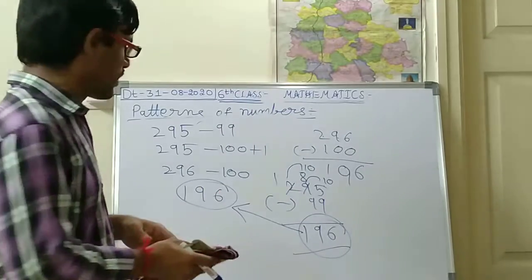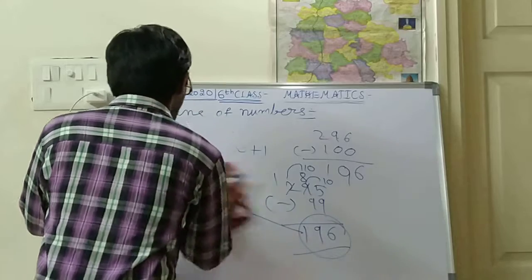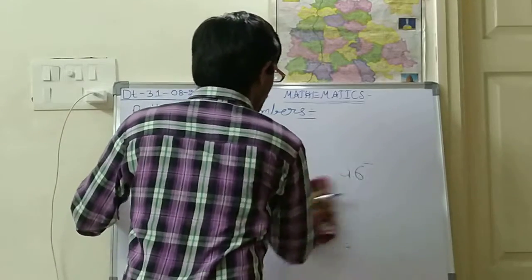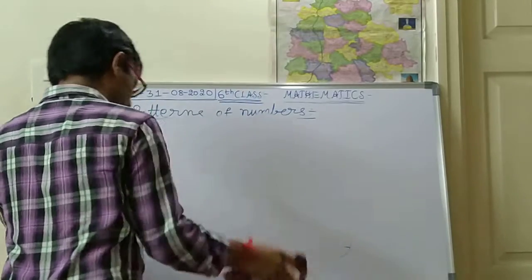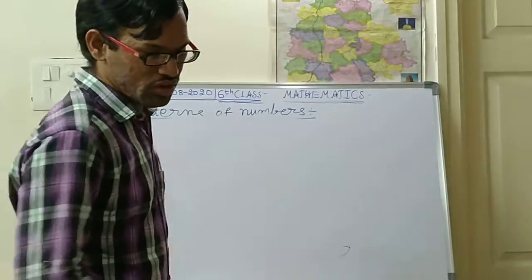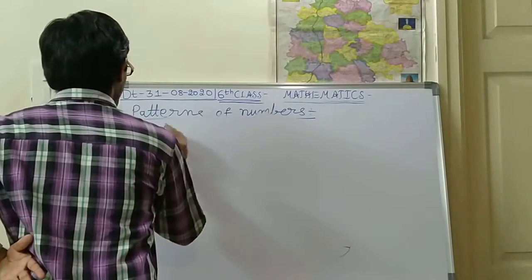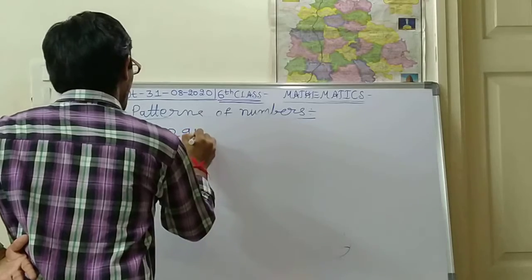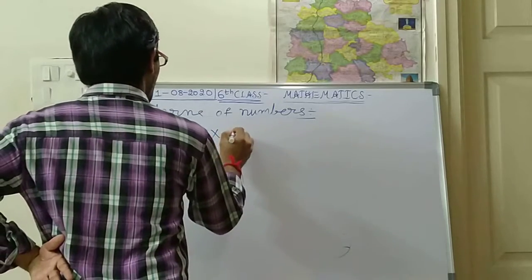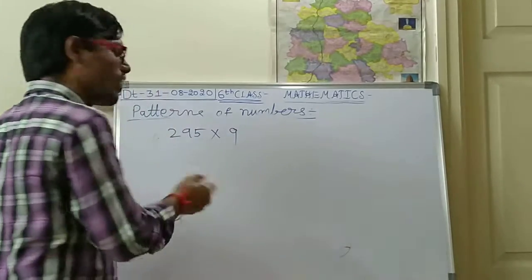Suppose you want to do the multiplication also, the same pattern will follow. Here I take the same number, 295, and multiply it with 9. So 295 into 9.